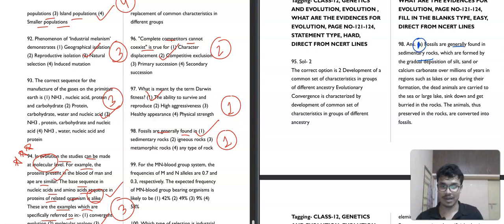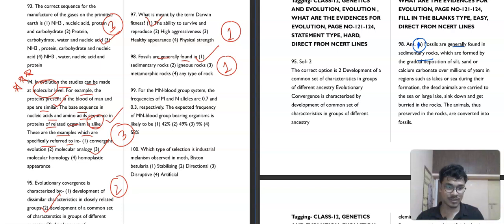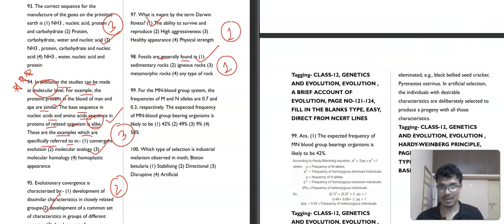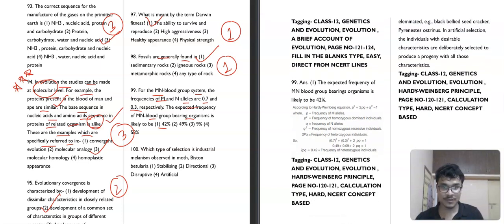Then question number 99. Let's read it out. For the MN blood group, the frequency of M and N is 0.7 and 0.3. The expected frequency of MN blood group bearing organisms is likely to be? Let's see. So p is given 0.7 and q is given 0.3.